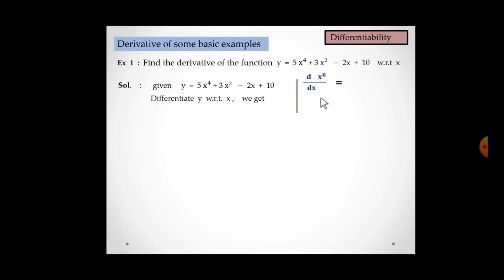For this example I am using the x raised to n formula, n into x raised to n minus 1, and k into f of x, because here you can see that some functions are multiplied by numbers, like 5x raised to 4. The x raised to 4 function is multiplied by 5. The x square function is multiplied by 3. X is a single function that is multiplied, and all these are in addition and subtraction form. As given in the rule, if we have addition or subtraction, you have to differentiate the functions individually.